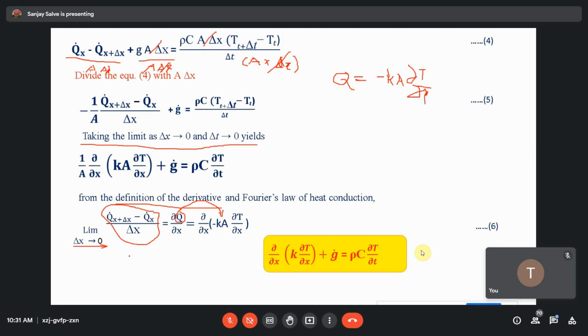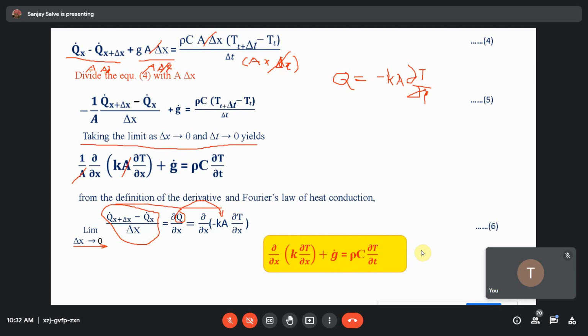If I put it here in this equation, A cancels, so I will have dabba by dabba x of small k dabba T by dabba x plus g dot equal to rho cp delta T by delta small time t.